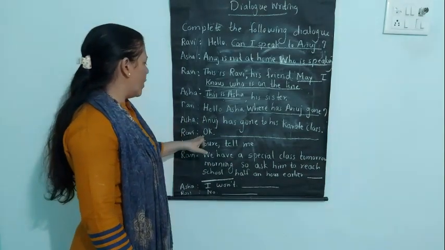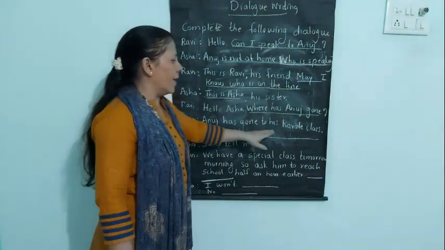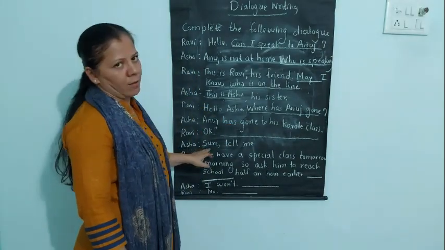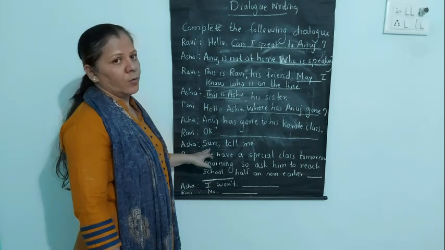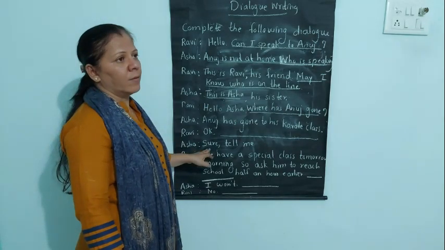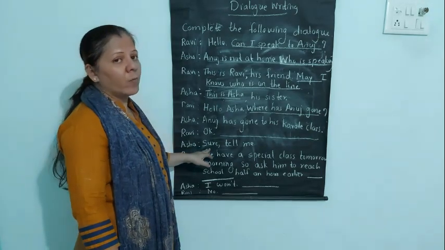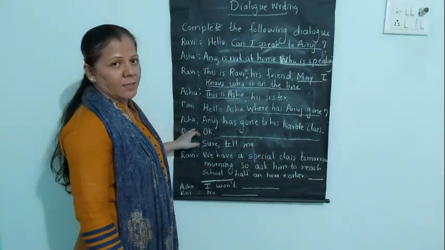Then Ravi says okay, and here you have to complete the dialogue. Asha says sure. Now, if she says sure, what must Ravi have said?